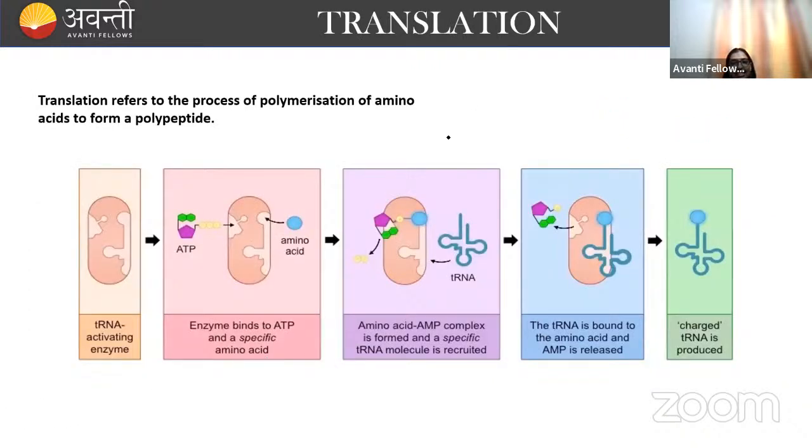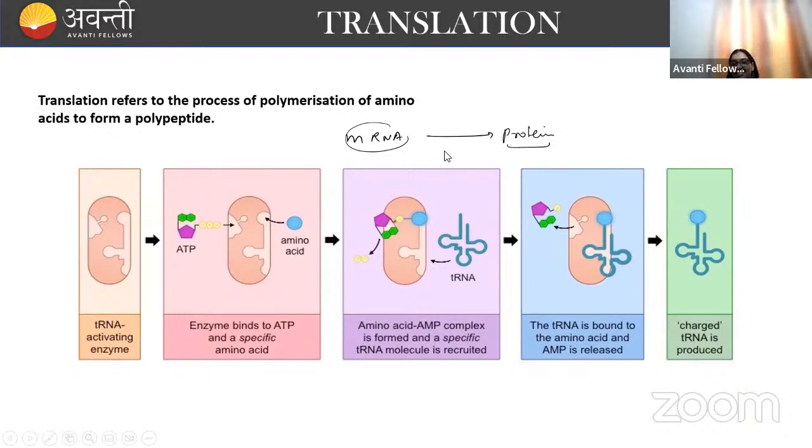Now let's discuss translation. When the information is transferred from the mRNA to the protein, this process is known as translation. Translation is also referred to as the process of polymerization of amino acids to form a polypeptide chain.